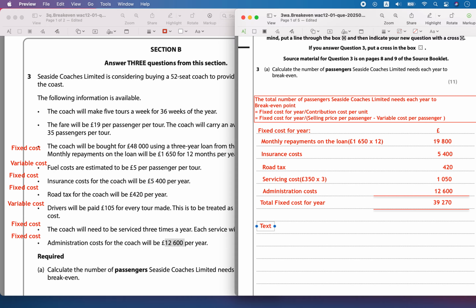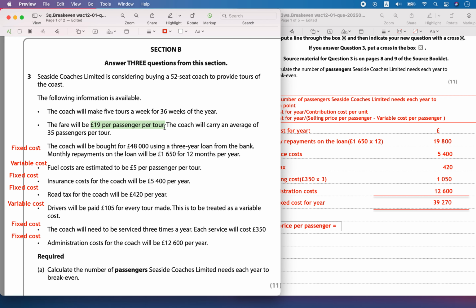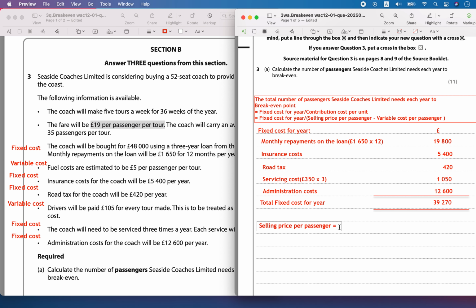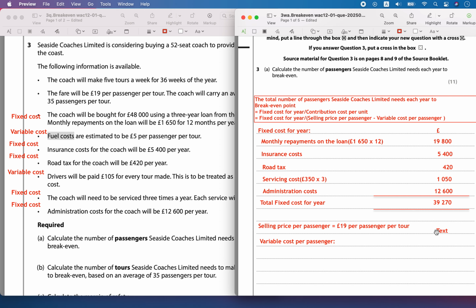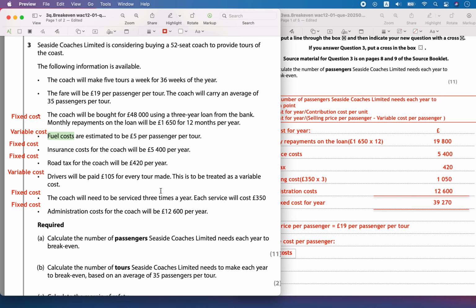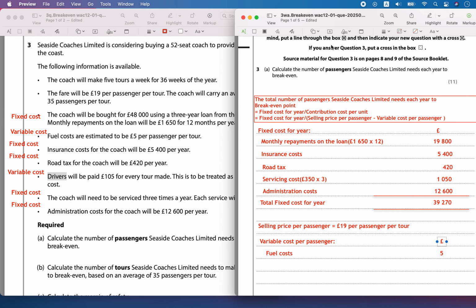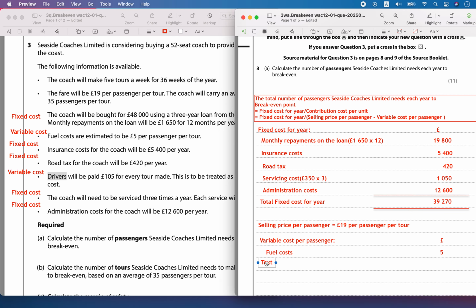The selling price: each passenger per tour has to pay 19 pounds. So that is the selling price. Now two variable costs. One is the fuel cost, which they have given per passenger. Then you have the driver's wages, which is 105 per tour, but we have to calculate per passenger.